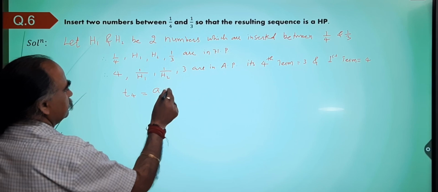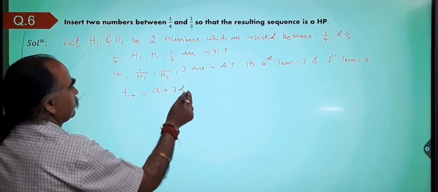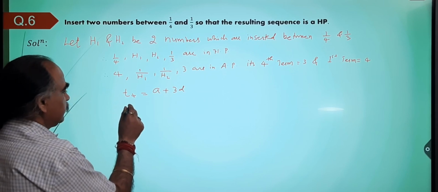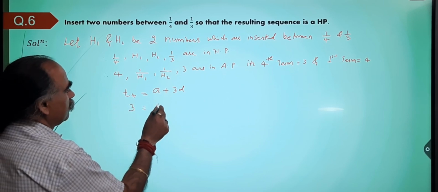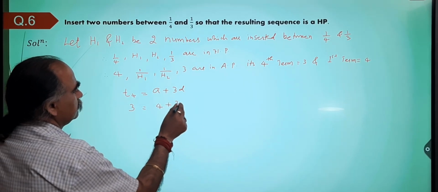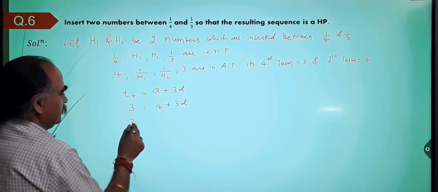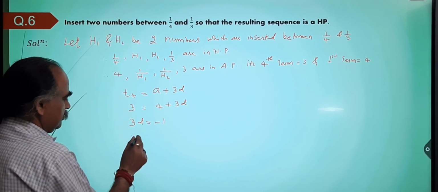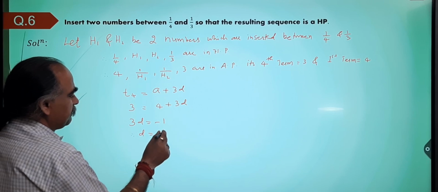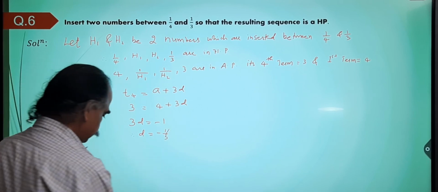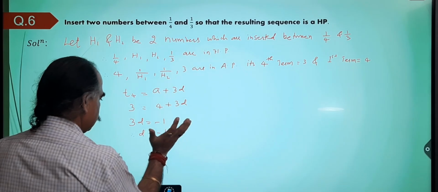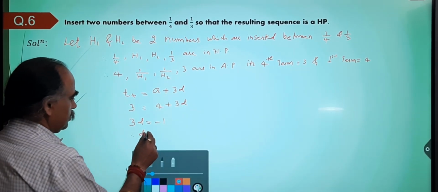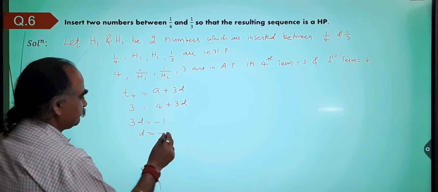A plus 3D. Fourth term is 3, so 3 is equal to 4 plus 3D. So 3D will be minus 1. So D will be minus 1 upon 3.